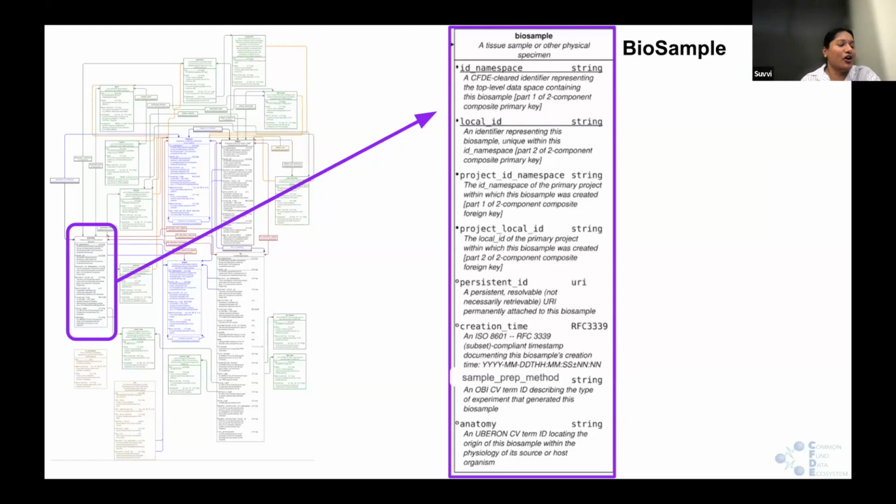File compression and various other metadata is captured in various tables. Again, as I said, it's a relational database, so you have different tables that capture different kinds of metadata here. But the core tables are the file table, the biosample table, and the subject table.